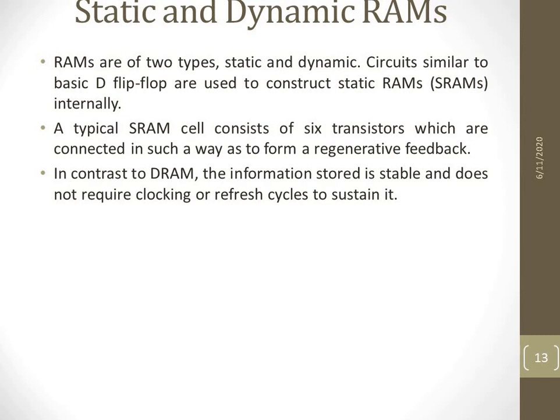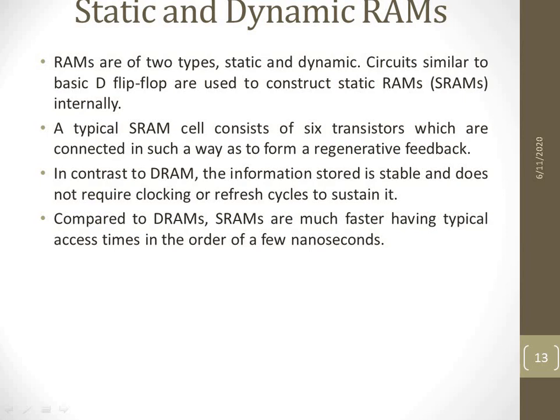In SRAM, the information stored is stable and does not require clocking or refresh cycles to sustain it. But for DRAM we need a refresh circuit, while for SRAM we do not. Compared to DRAMs, SRAMs are much faster, having typical access times in the order of a few nanoseconds. Hence, SRAMs are used as level 2 cache memory.